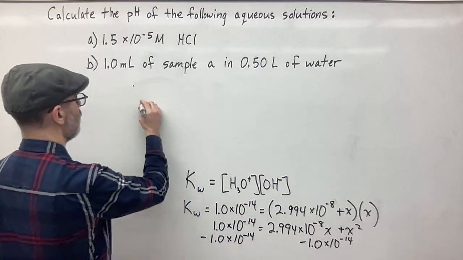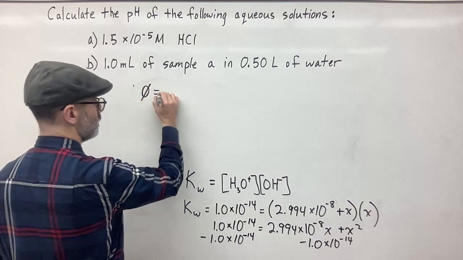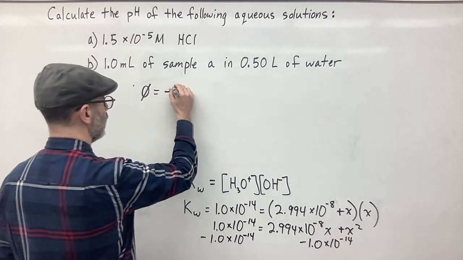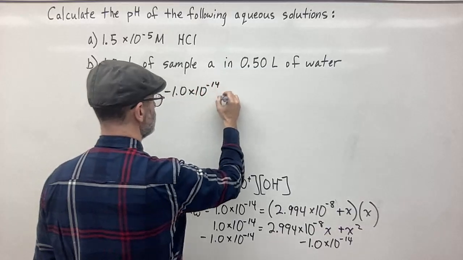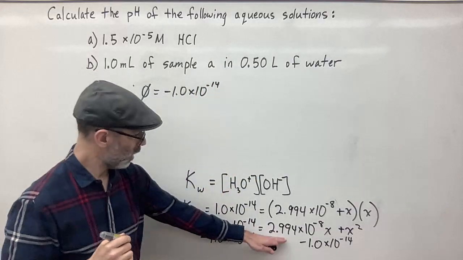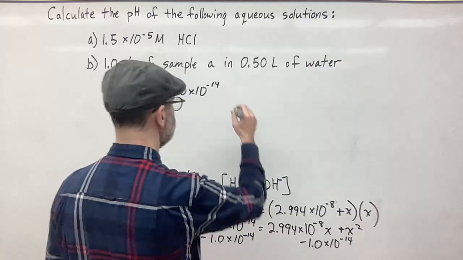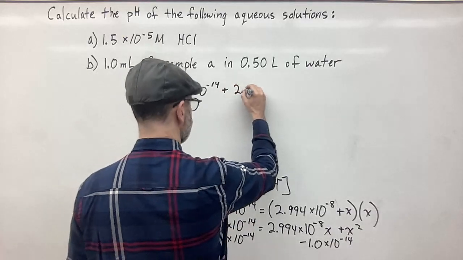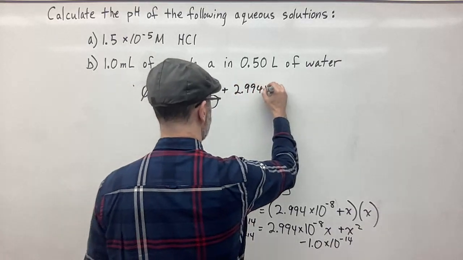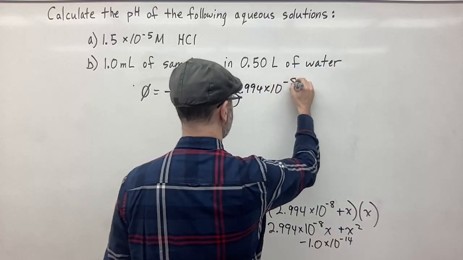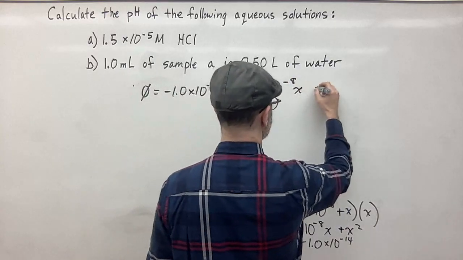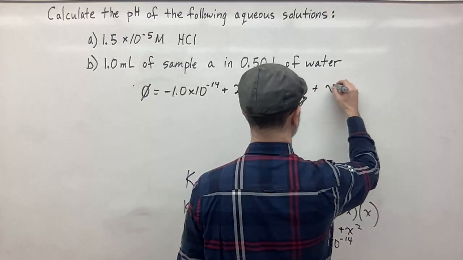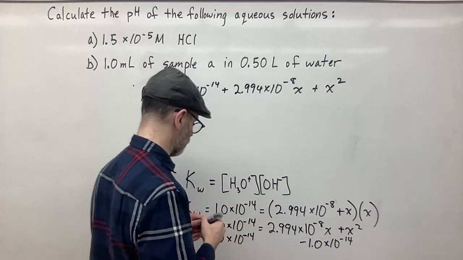So then what we're going to have is 0 is equal to negative 1.0 times 10 to the negative 14 plus 2.994 times 10 to the negative 8 times x plus x squared.